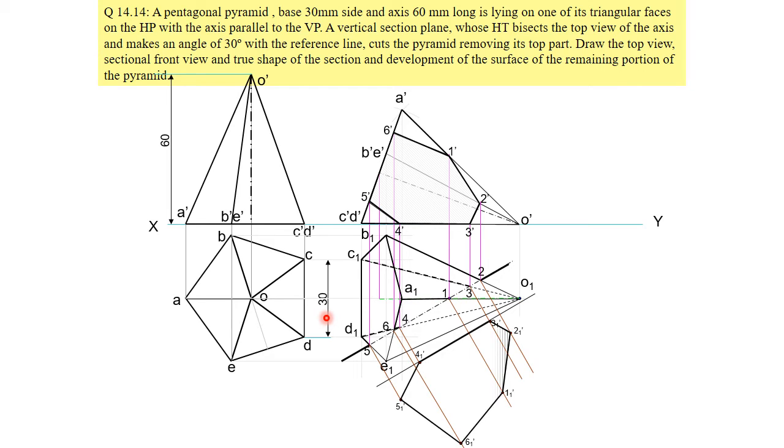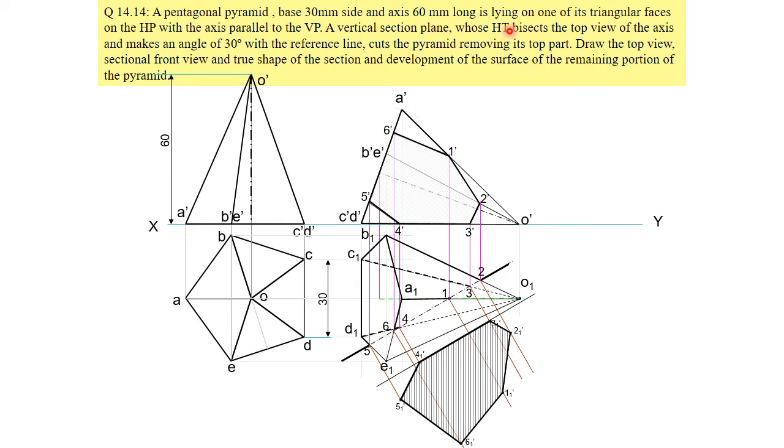So join all these points A dash, A1, B, C, D, and this is O. We need to hide the edges OC and OD, so with the help of dotted lines we represent the hidden lines.